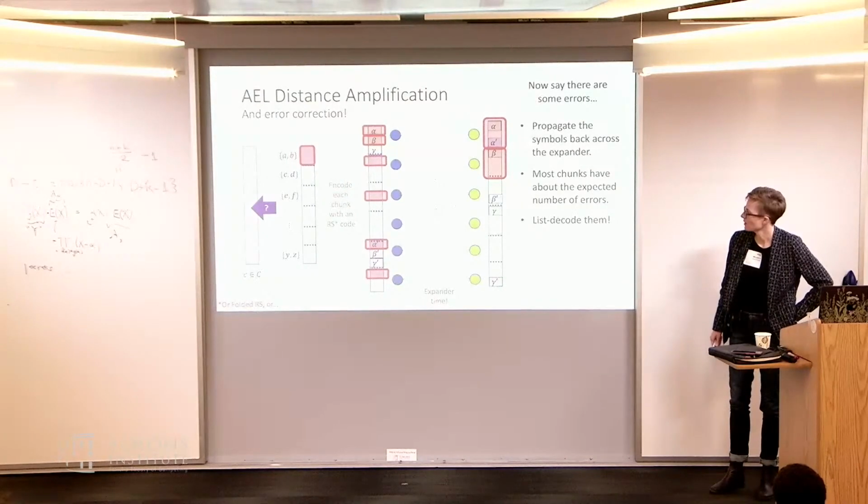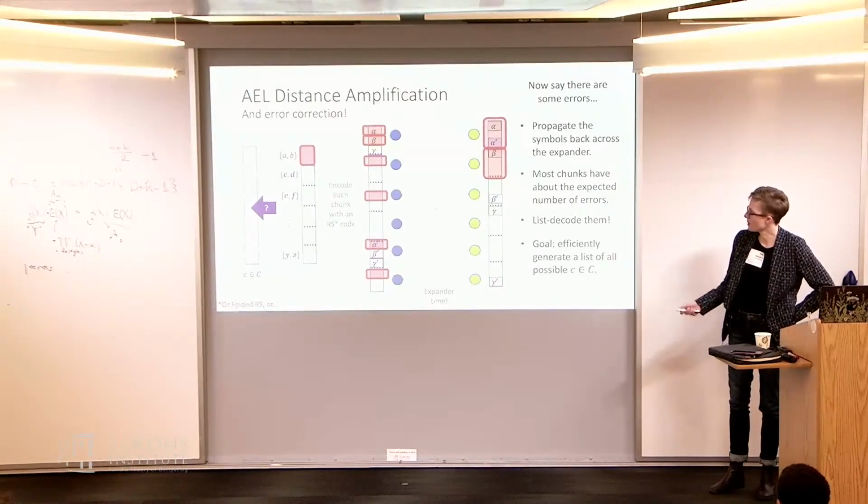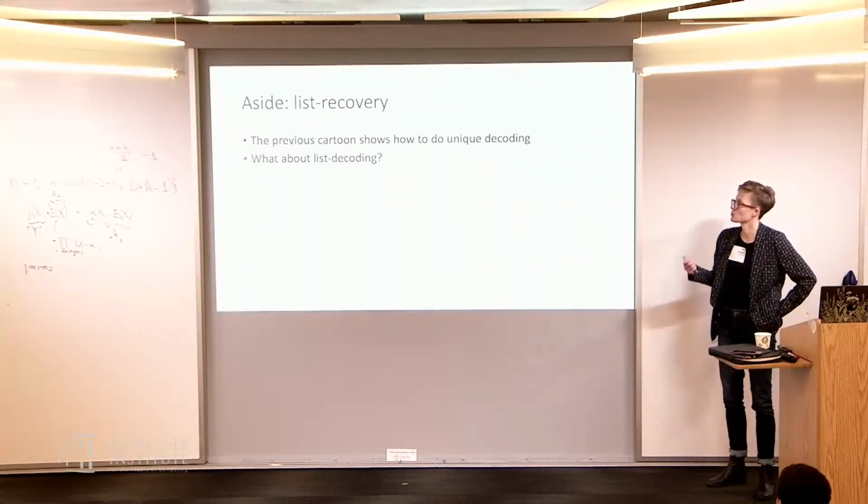How do we do that? The problem here is we want to go from these input lists, A, B, C, D, E, F, dot dot dot, Y, Z, back to C, or to a short list of possible Cs. So we want to generate a list of all possible Cs that agree with these lists. This problem is known as list recovery.